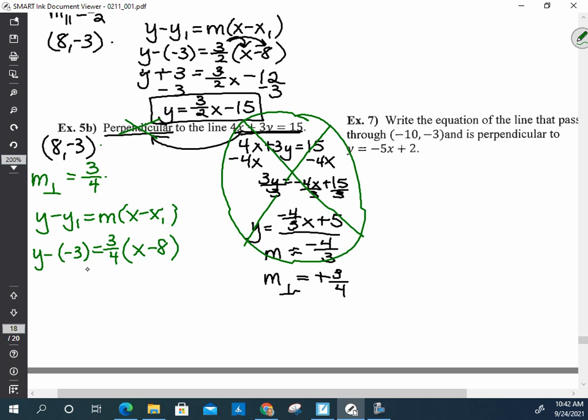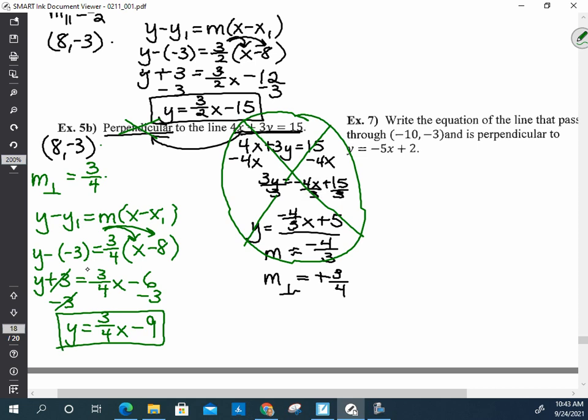Again, two negatives next to each other would turn to a positive. 3 over 4 times x is 3 over 4x. 3 over 4 times 8. 3 times 8 is 24. 24 divided by 4 is 6. And then subtract 3 on both sides. So y equals 3 over 4x minus 9. So that is your perpendicular equation.